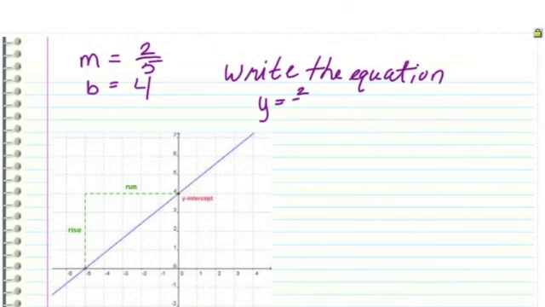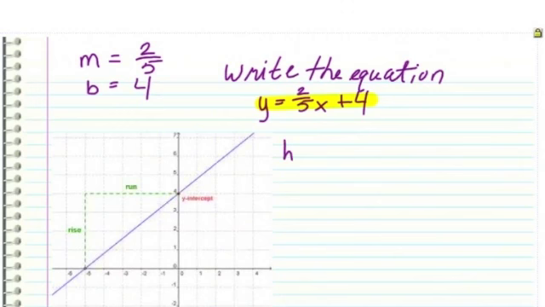The only thing it's asking you to do is to actually write out y equals m is 2/5, x plus b is 4. That is it. That is all the question's asking. You guys are really overcomplicating that situation today. So I just wanted to remind you that that was really straightforward.